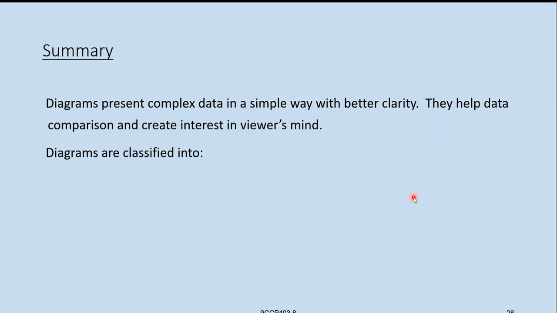Now summary. A summary of what we have seen in the previous lesson is about the diagrams. What is actually a diagram? What are the rules for constructing a diagram? What are the uses of a diagram? What are the limitations of a diagram? And then we have seen different types of diagrams: one dimensional, two dimensional, three dimensional, pictograms and cartograms, and so on.